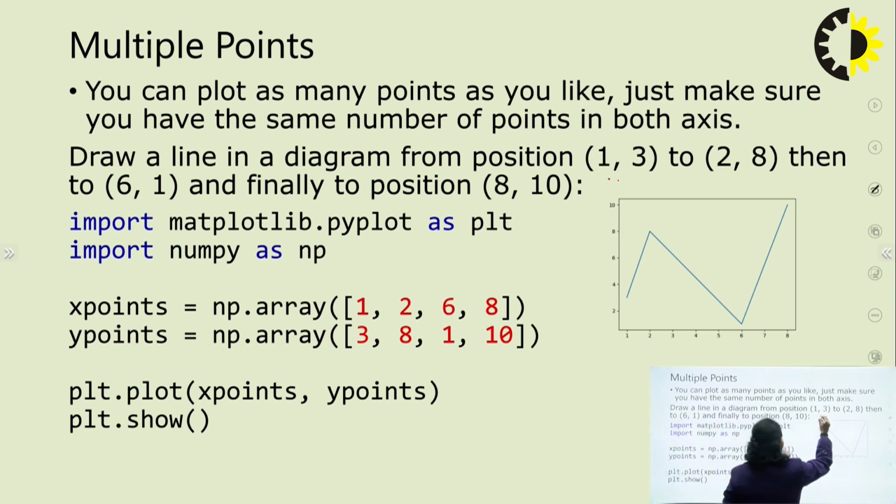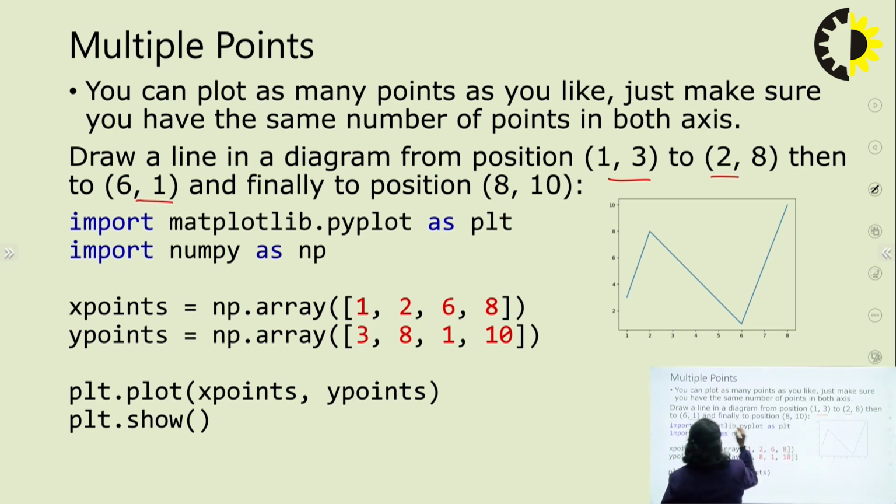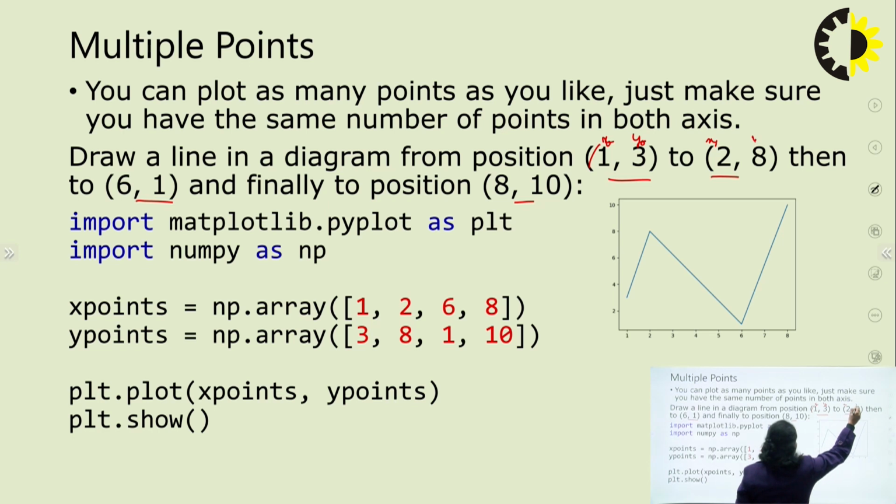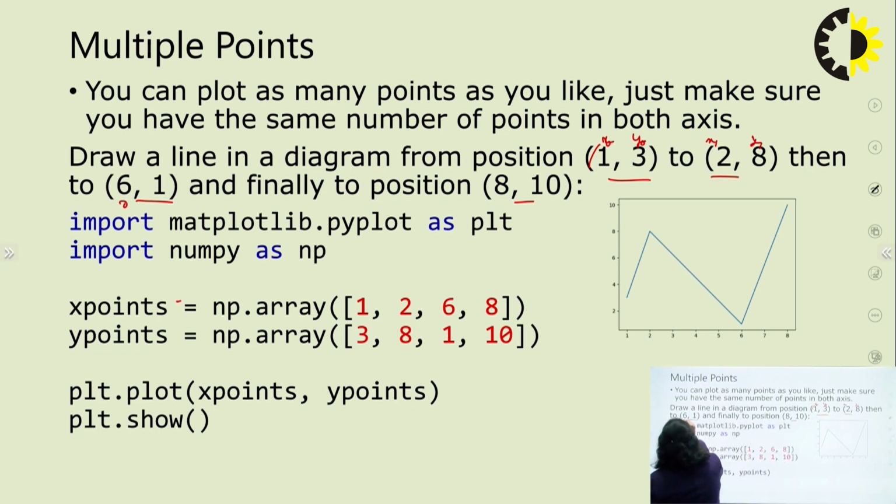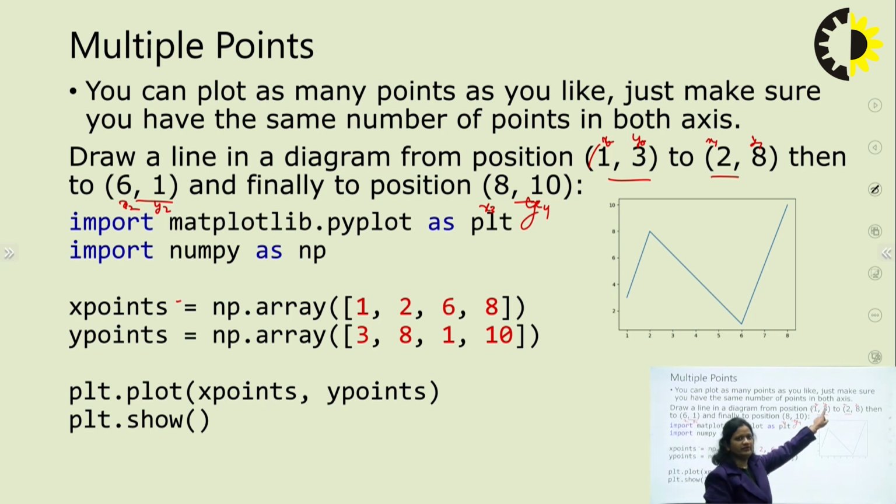Okay, so we have multiple points: x0, y0, x1, y1, x2, y2, x3, y3. So these are the X points 1, 2, 6 and 8, and these are the Y points 3, 8, 1 and 10.